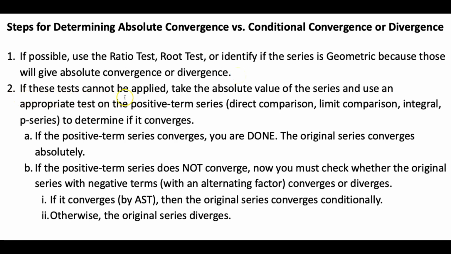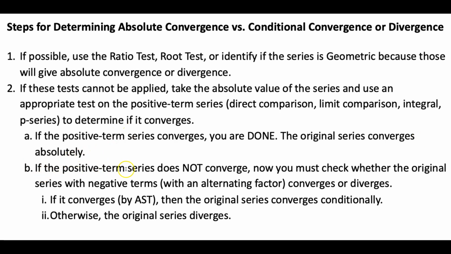If these tests cannot be applied, take the absolute value of the series and use an appropriate test on the positive term series, like direct comparison, limit comparison, integral, or p-series, to determine if it converges. If the positive term series converges, you are done. The original series, we can conclude, converges absolutely.